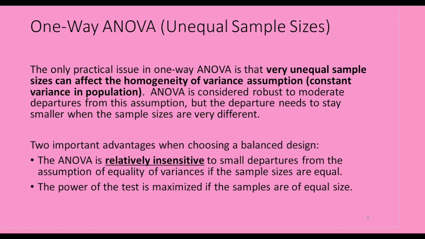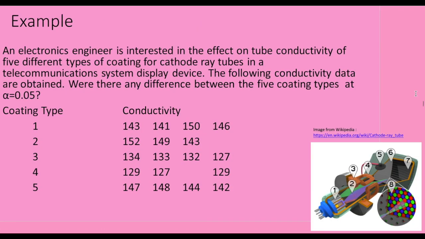So let's analyze one-way ANOVA with unequal sample sizes. In this example, an electronics engineer is interested in the effect of tube conductivity on 5 different types of coating for cathode ray tubes in a telecommunications system display device. So the coating type would be the factor.